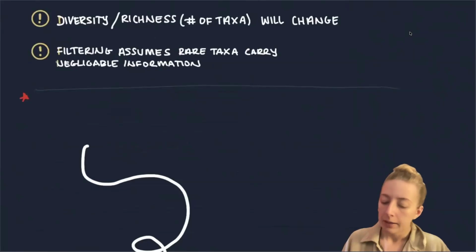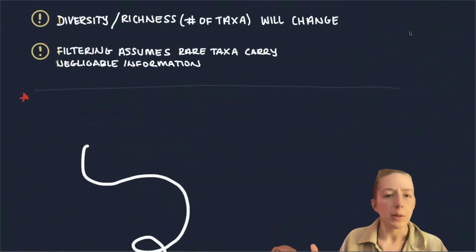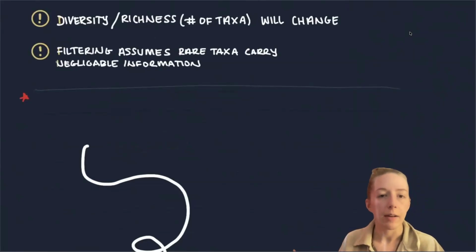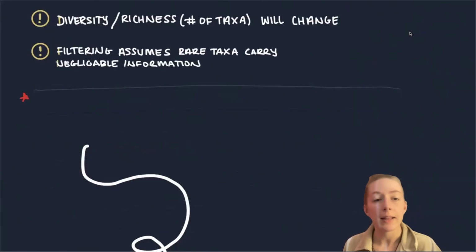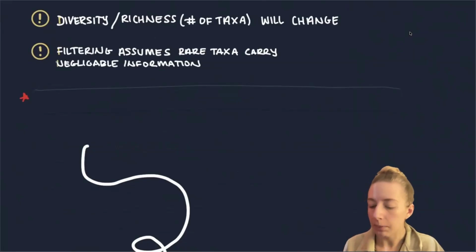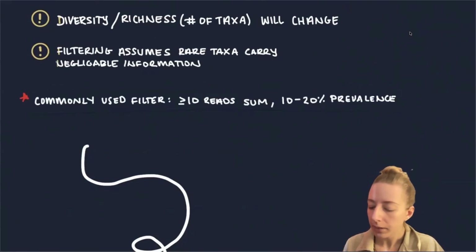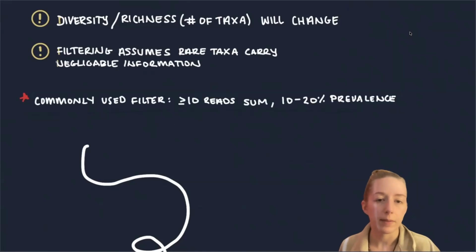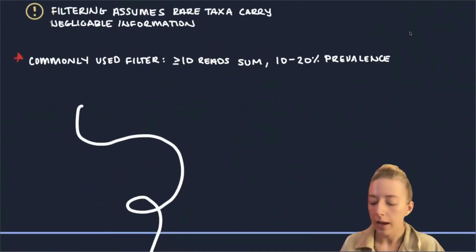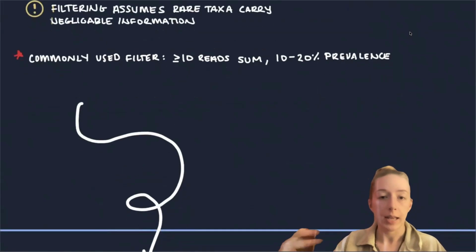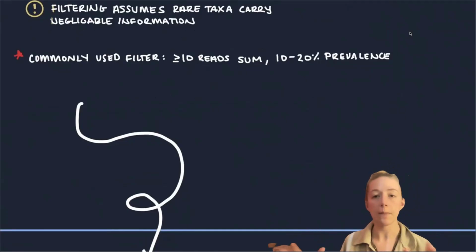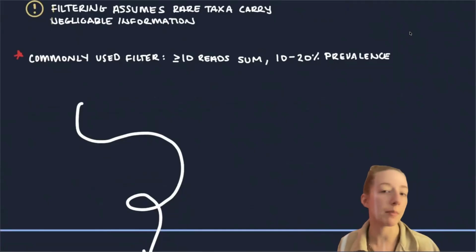But filtering also assumes, like I was mentioning before, the rare taxa carry negligible information, and that may or may not be important in your experiment. So that's just something to keep in mind. And then this is just one example of a filter that you could use: over 10 reads as a sum, and then let's say 10% prevalence.